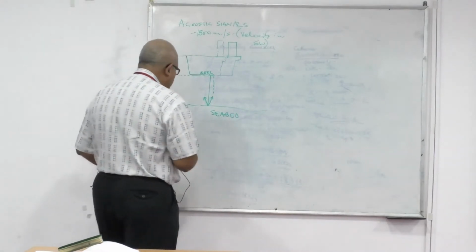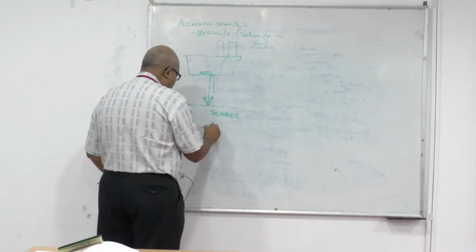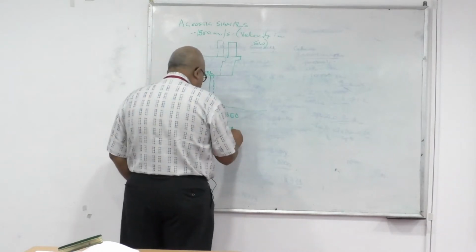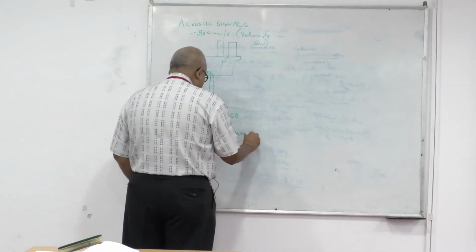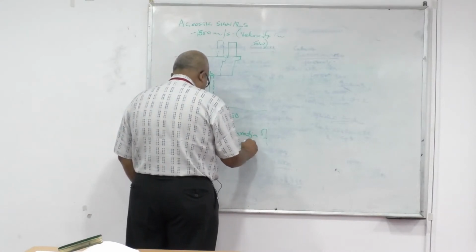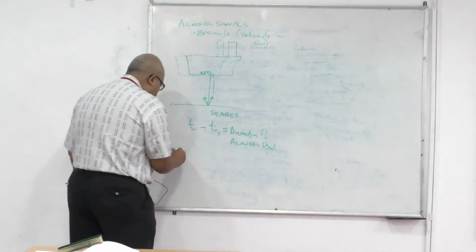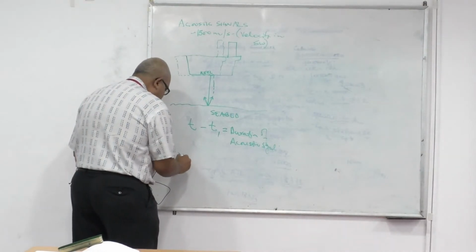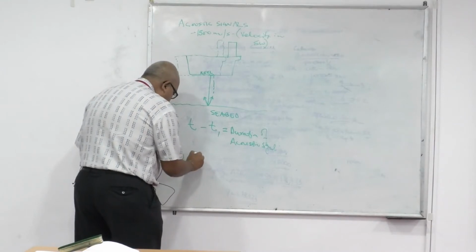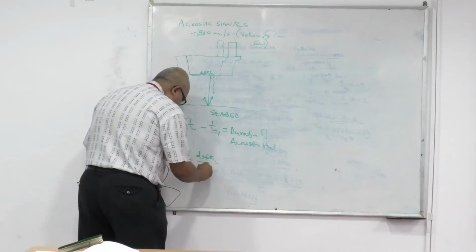Suppose the time of transmission is T and the time of reception is T1. So T minus T1 will be equal to the duration of the acoustic signal. So velocity of sound waves in water equals depth divided by time.